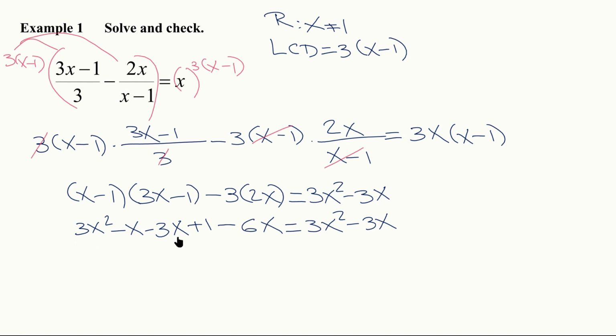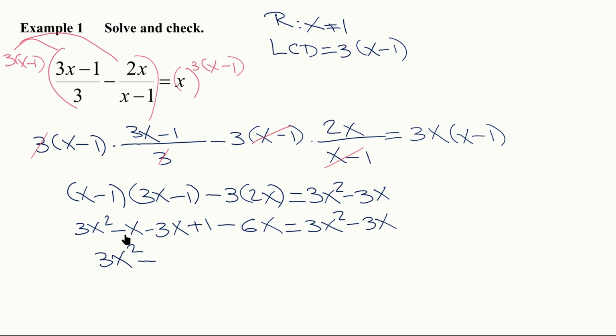So we'll continue to simplify. You don't want to start moving things around in an equation until you've fully simplified both sides. So we have 3x squared minus 4x minus 6x. Let's combine them all at the same time.